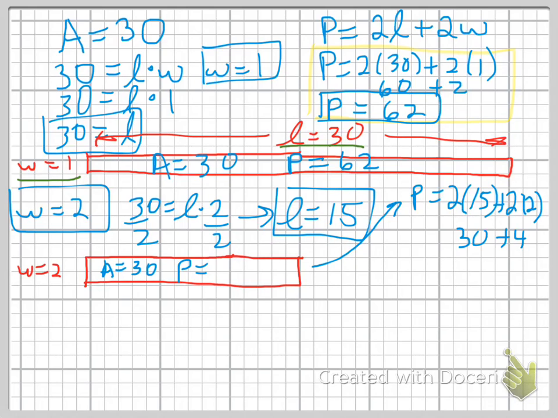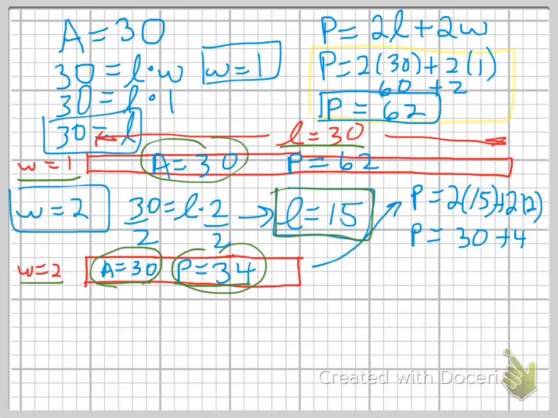We're going to get 30 here. And we see the perimeter is smaller. It's 34. Okay, so I need to keep those things. I'll underline them in green. I'm going to need that information for later. So I need that and that later. I'll just circle them actually. Circle them there. And that was when I had a width of 2 and a length of 15.